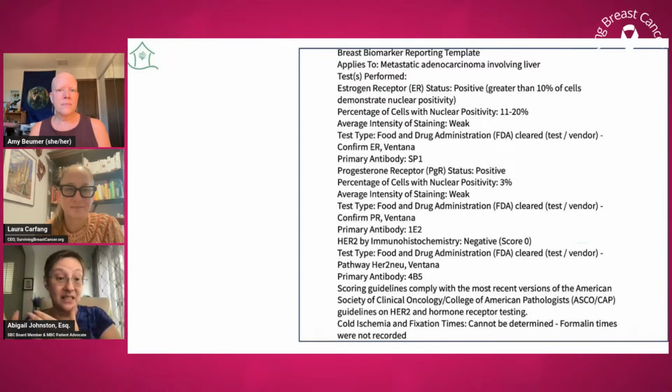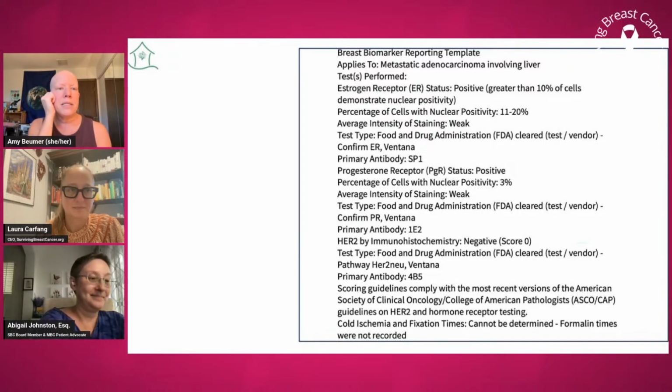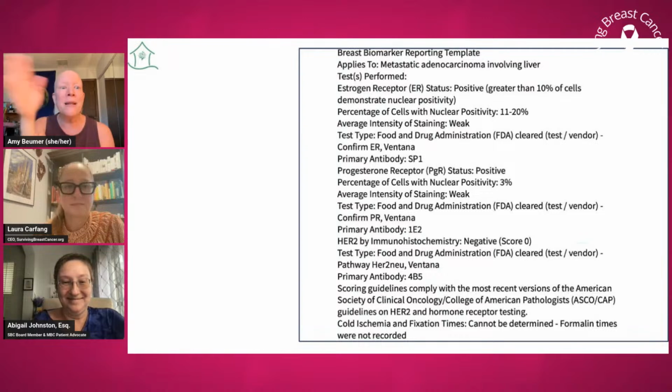I mean, I've had biopsies done and the reports look completely different. And it's a great reminder that there's also expressed HER2 as well. Right. And so sometimes those pathology reports are going to look different also. Yeah, no, that's a great point. And so this actually is a screenshot of another pathology report of mine that you'll notice looks completely different.